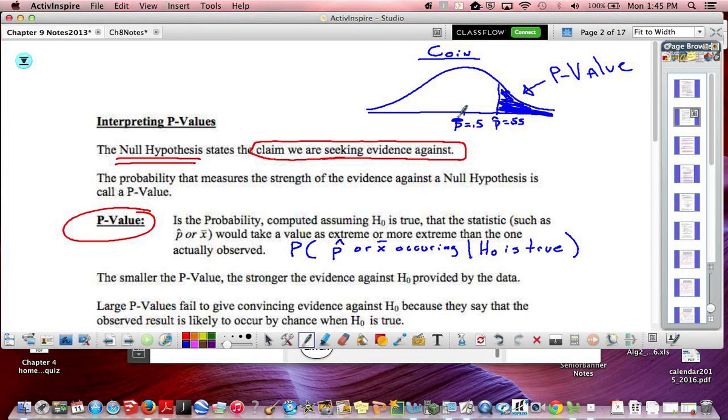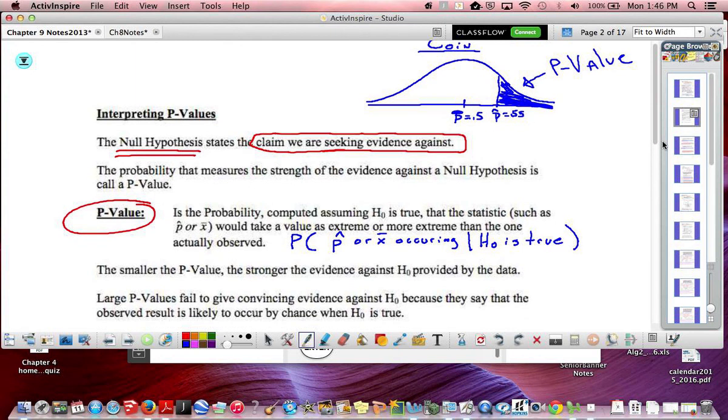So if you're trying to show statistical evidence that something's wrong, the smaller your p-value needs to be. Say this was 15%, 0.15. That's like saying 15% of the time I would get a result like that, which is like 1 in 6 or 7 times.